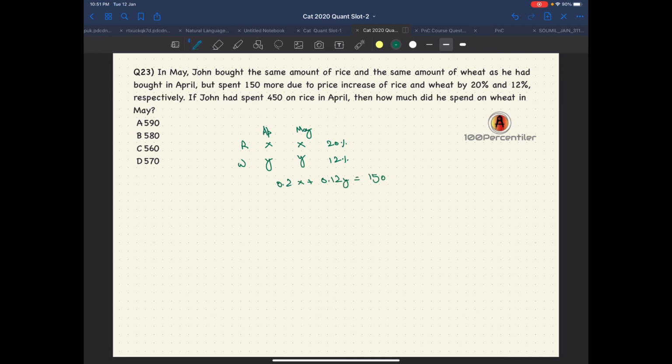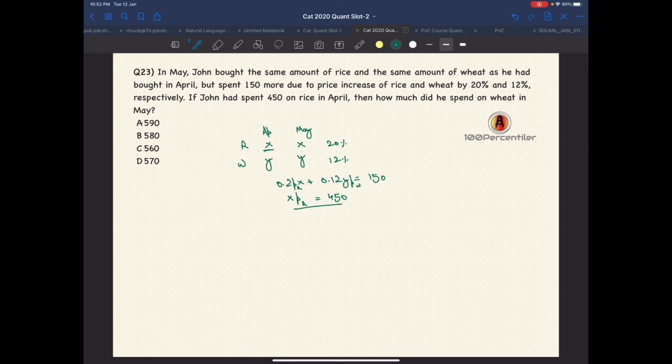Now if John had spent 450 on rice in April, so in April it was spent x, let's say the price of rice x PR. So we also have to multiply the price here. Let's keep the price PR and price PW. So x PR we are given to be 450 here. That is the total amount spent in April on rice.